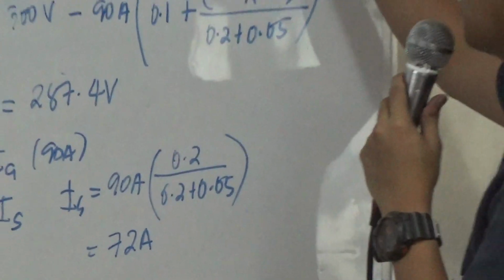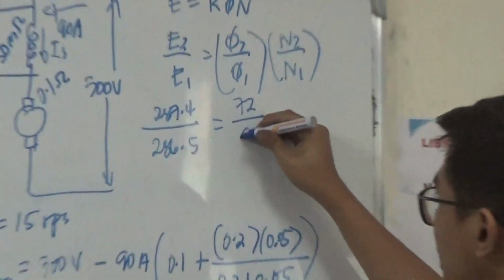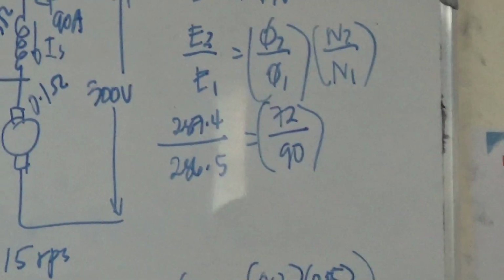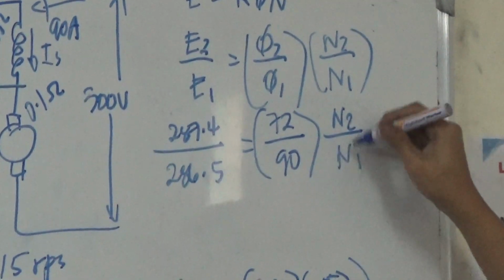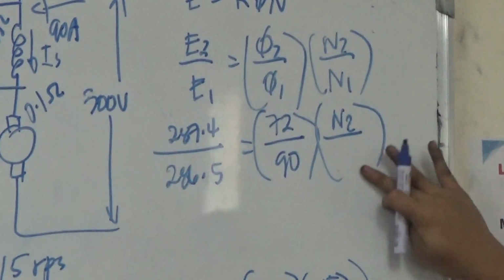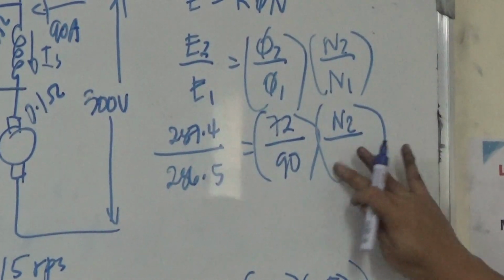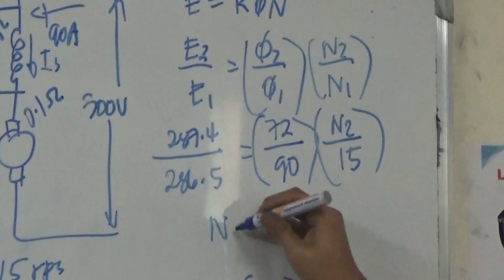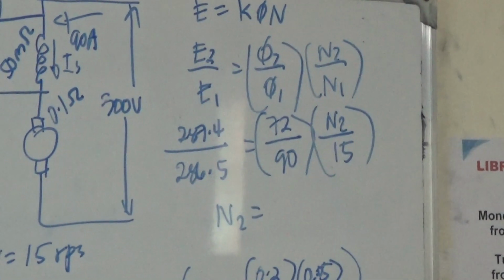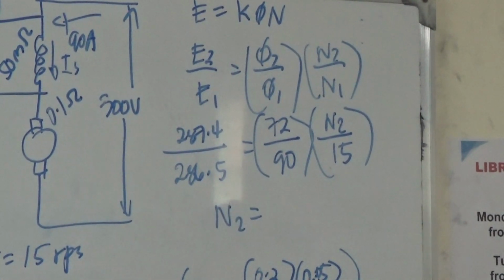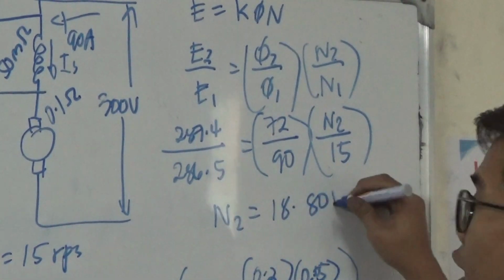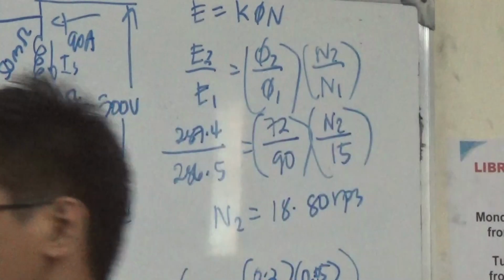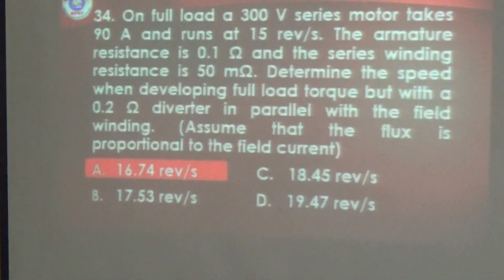So 72 divided by 90. For N2 naman, wala pa, divided by N1. N1 is ilan? 15. So, what is N2? 18.80 RPS. Check natin yung tama. Bakit kaya?